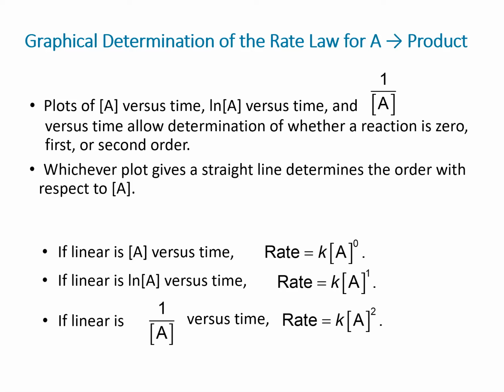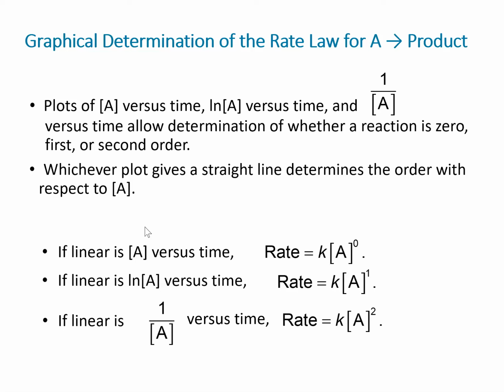So if it's 0 order and you plot, I'm saying this backwards. If you plot the concentration of A versus time with no transformation and it's linear, it's a 0 order reaction.